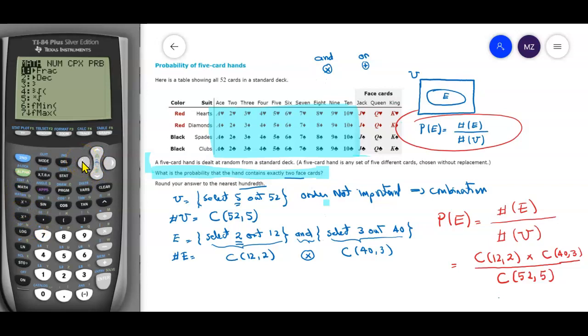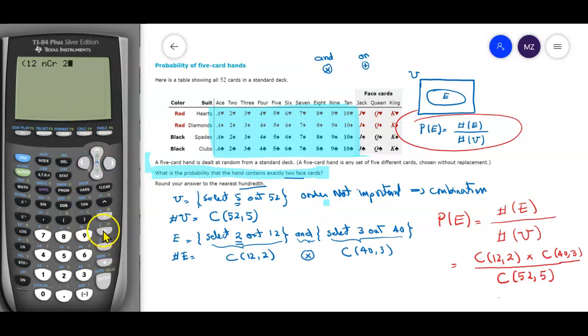I can go by the left arrow to get to Probability, which is faster, then scroll down twice to nCr, plug it in, and then you type 2. That's going to be combination 12, 2. I forgot to put a parenthesis here, so I'm going to insert a parenthesis for the numerator, and then keep going.